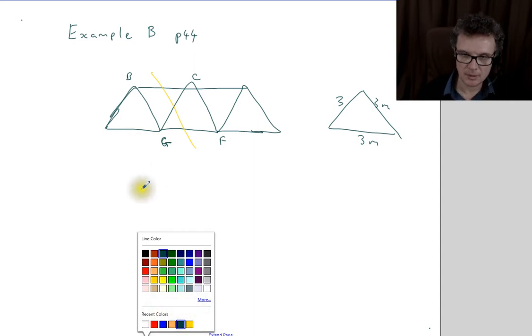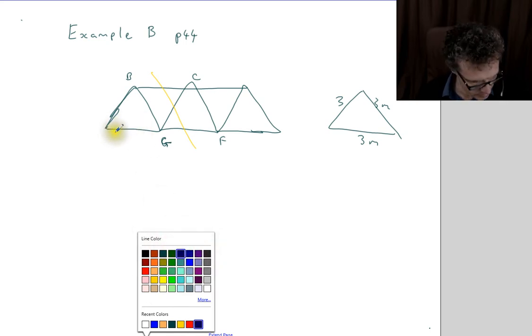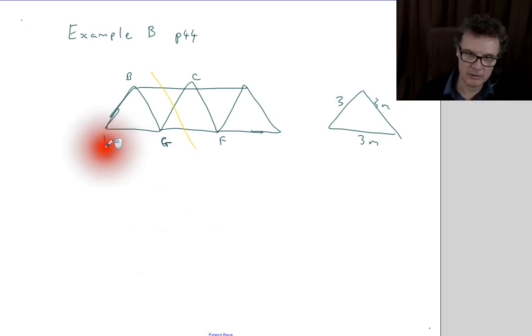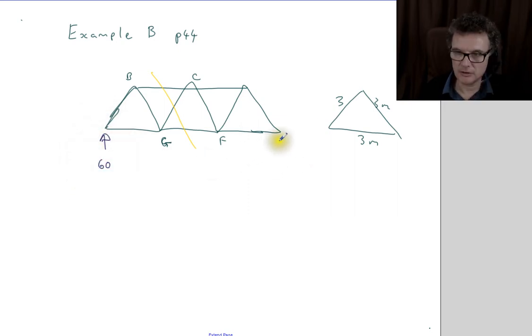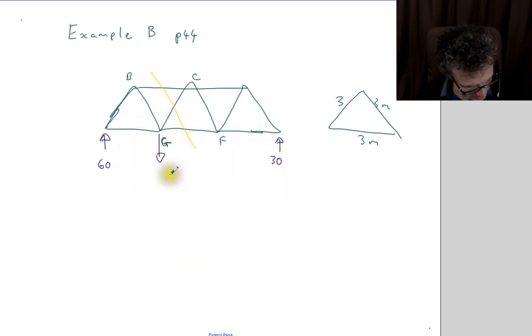The reactions we have are 60 and 30, and the load we have is 90.